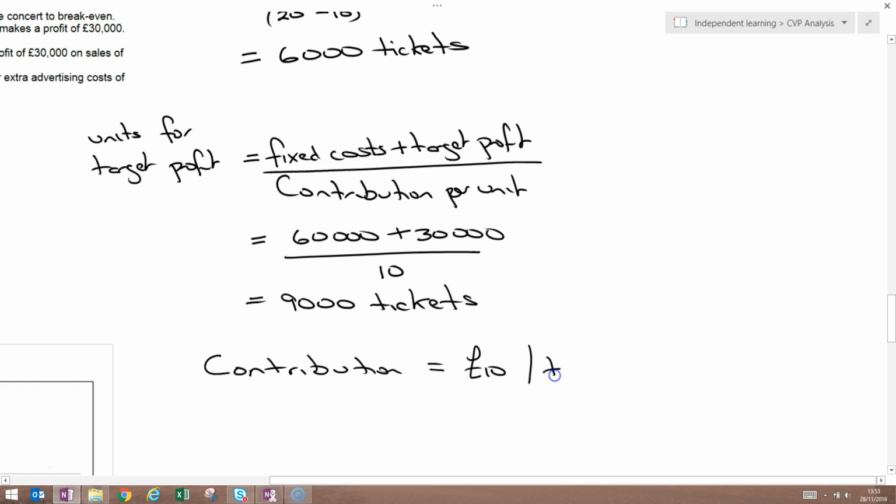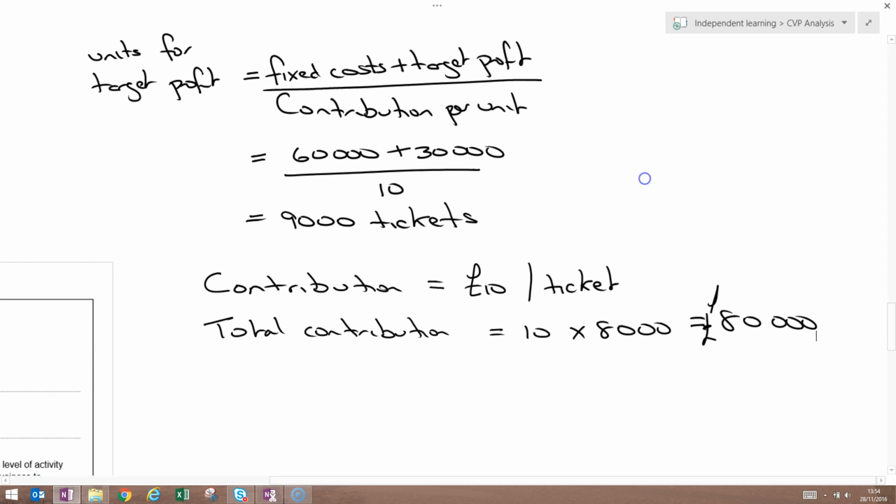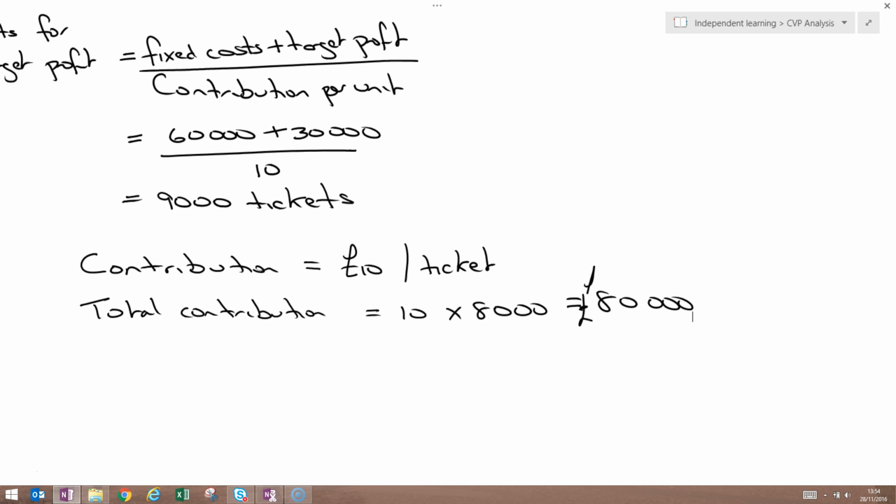So total contribution is 10 times 8,000, which gives us £80,000. And to calculate a profit figure from total contribution, we take away our fixed costs.